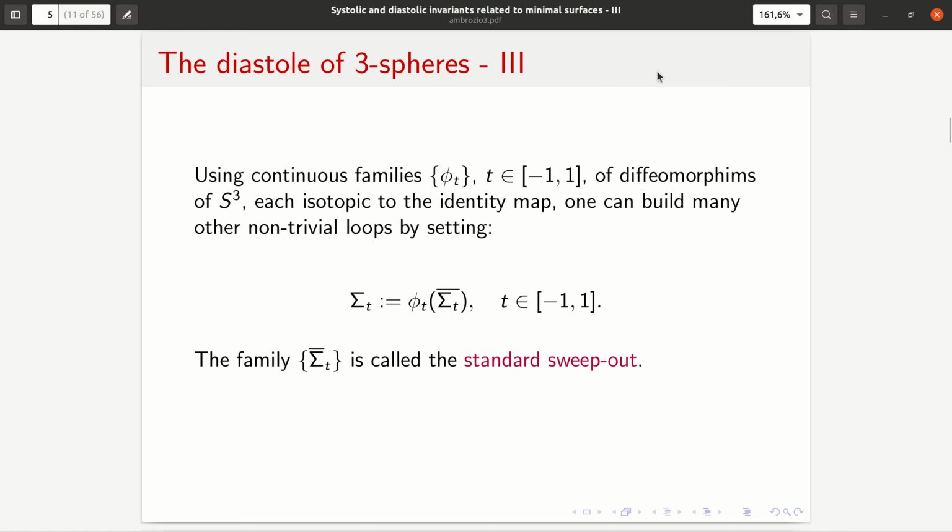Just to give a name to those objects, I will call the family sigma bar t the standard sweep out, and all those other families obtained by this procedure we'll call admissible sweep outs.